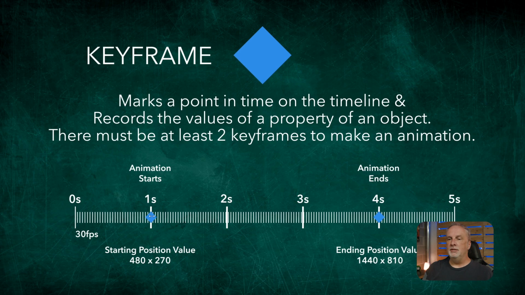So you'll go in, set your object wherever you want it, set a keyframe where you want it in the timeline, and then you can move to the new time where you want it to end, and you can change that value, and After Effects will set the second keyframe for you. We can continue the animation by moving in the timeline more and then also changing the value. So we're not restricted to just 2 keyframes, but it depends on how much we want to animate that object.